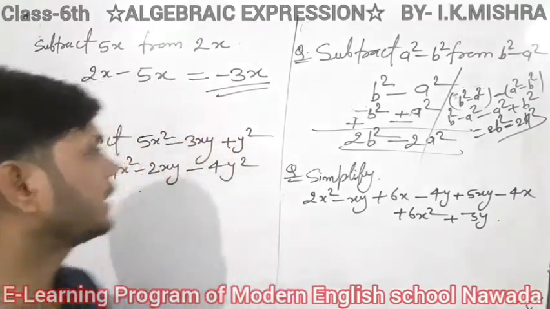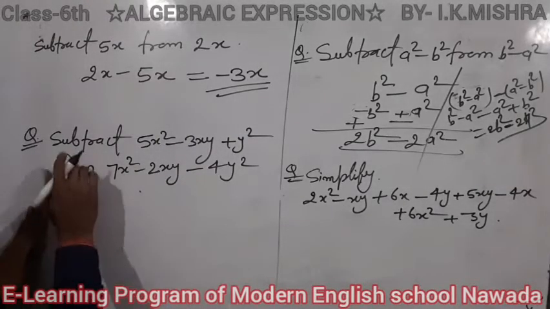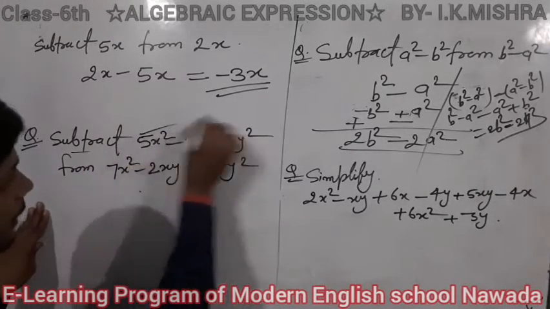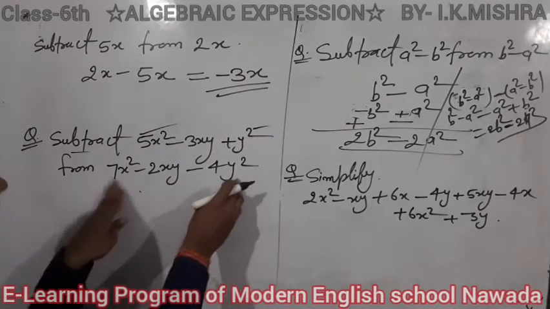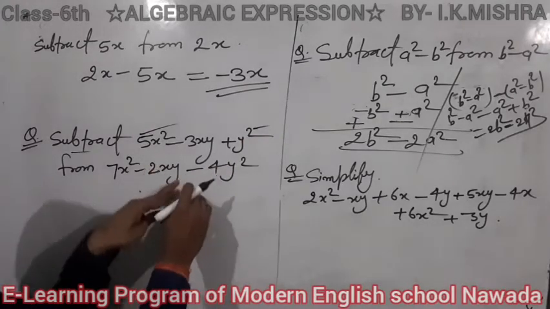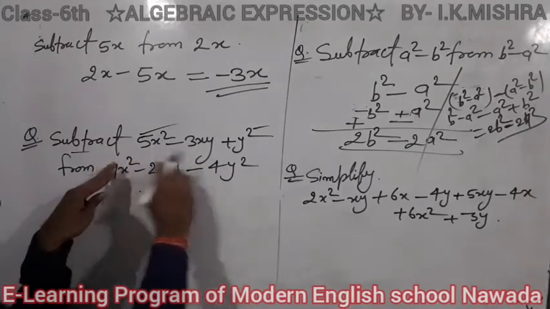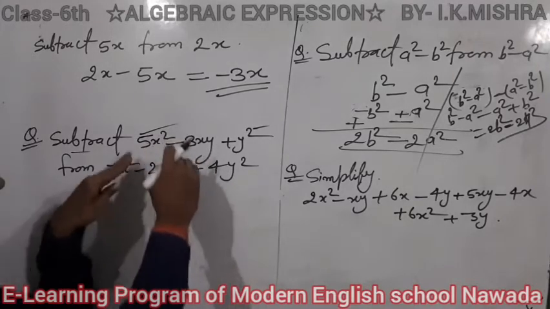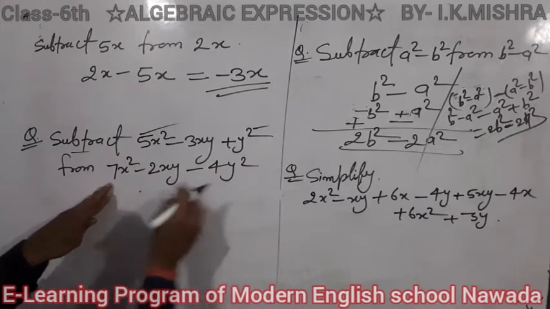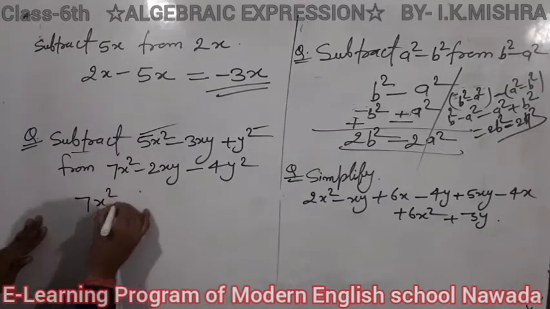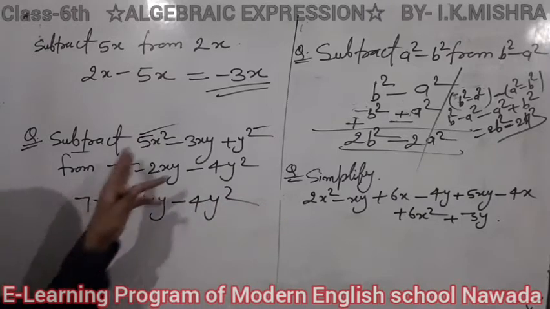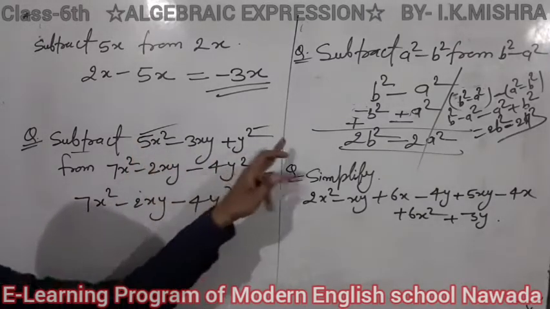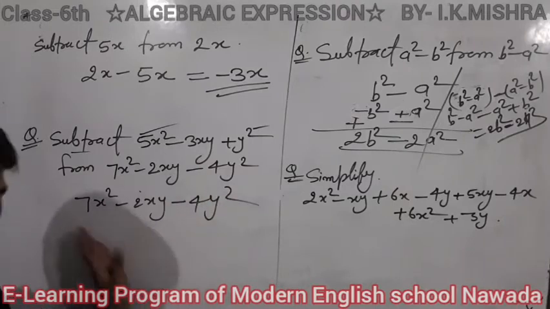Now students, proceed. Here subtract this expression from this expression. That means first of all write this expression and then write the like terms below each term of this expression. First of all write this 7x square minus 2xy minus 4y square, and from this all the like terms are written below each term.